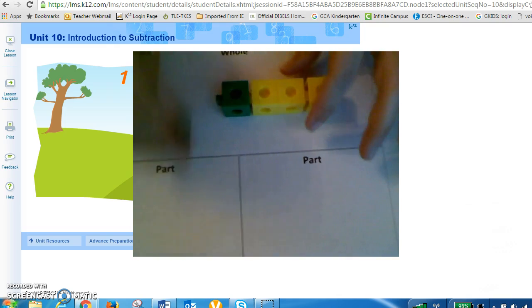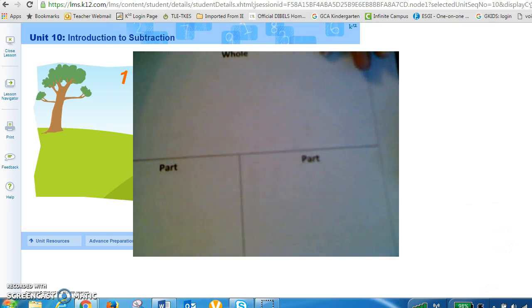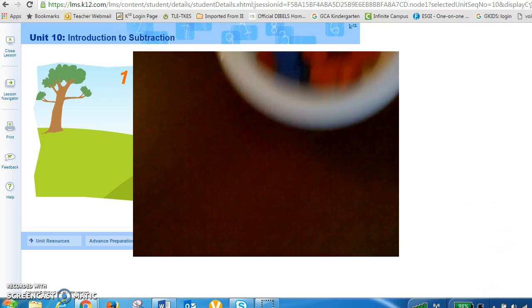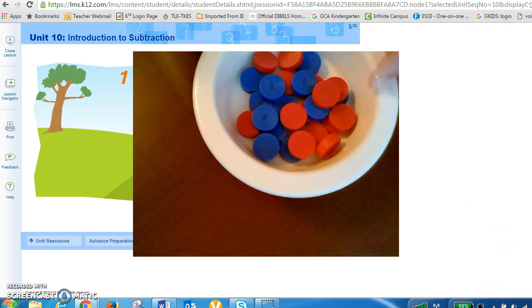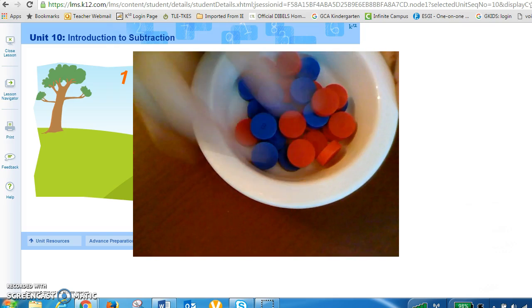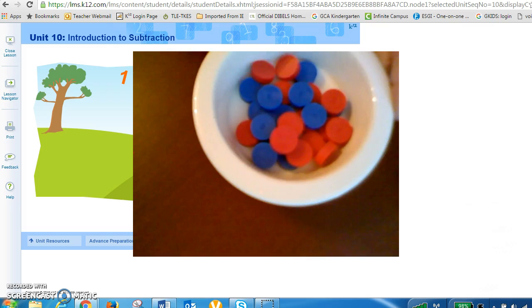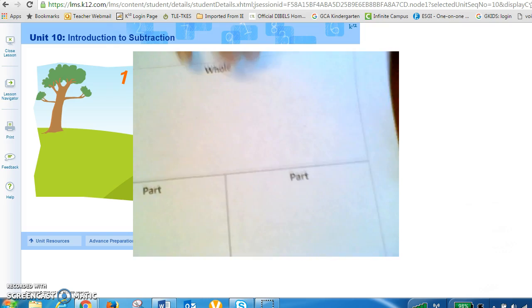All right, now that you've finished those activities, let's move on to the blue blocks. This activity is on page 289. We have 10 red and 10 blue. I'm going to start again with a lower number than what their example is.